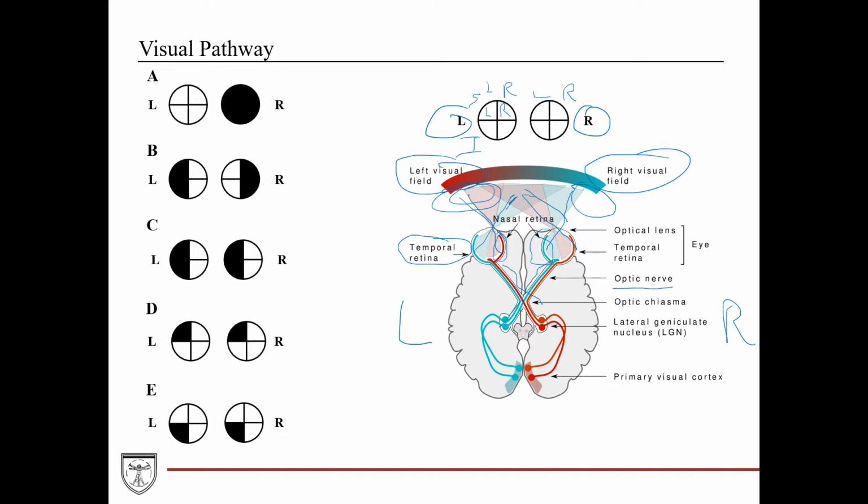Once you leave the optic chiasm, then you're within, it's not labeled in the diagram, but it's called the optic tract. So then you're in the optic tract, and then you synapse in the lateral geniculate nucleus here.